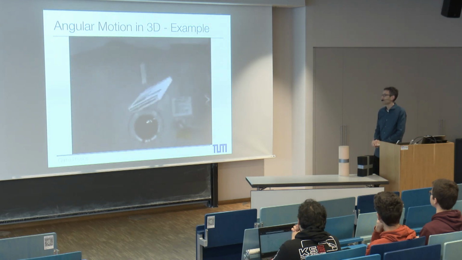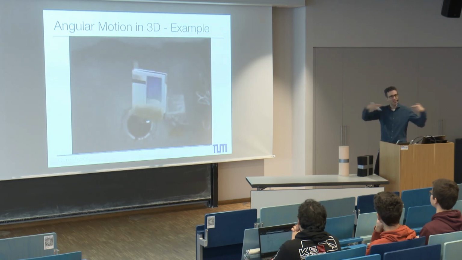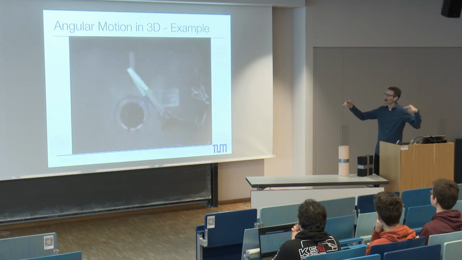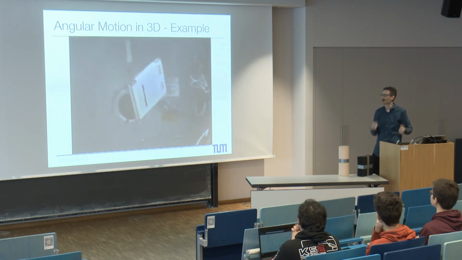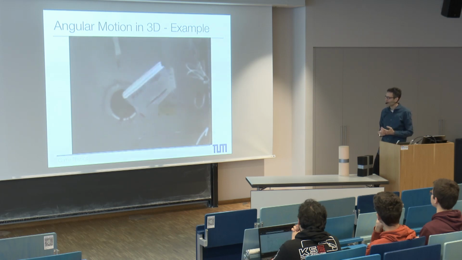Oh, that's a short one. Sorry, it's a short axis. So I hope you could see it was basically spinning around the center axis of this book. And although initially it really just spins forward, it starts redistributing this motion to the other two axes and then goes into this tumbling motion.